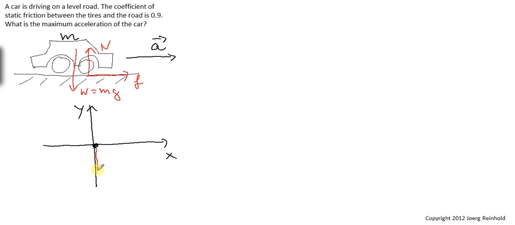So we have downwards the weight acting, upward we have the normal force acting, and then we have the frictional force acting on the car. If we assume that there is no air drag on the car, these are all the forces that are acting on the car.